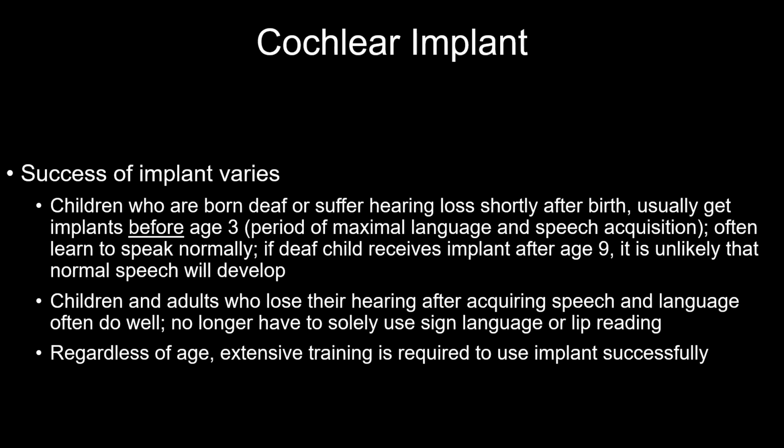The success of these cochlear implants tends to vary. For children that are born deaf or suffer hearing loss shortly after birth, if the implant is inserted before the age of 3, it turns out this is the period of their life at which they are acquiring the most speech and language proficiencies, and so these children often learn to speak relatively normally.